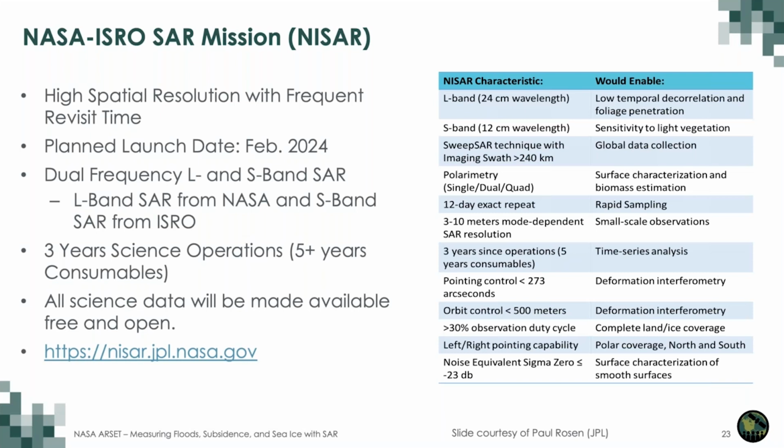And the other thing is that it's going to be operated in a mode where it's looking to the south, so it's going to have much better coverage of Antarctica than existing previous radar satellites, which generally look to the north, except during temporary changes in their configuration.